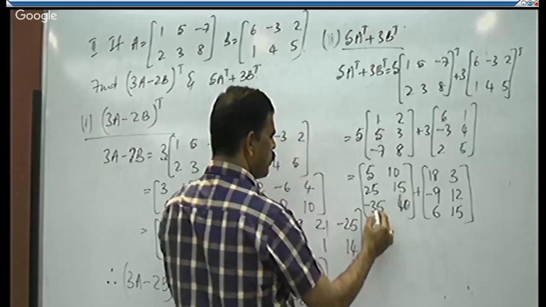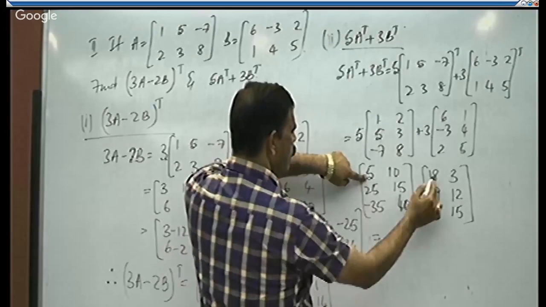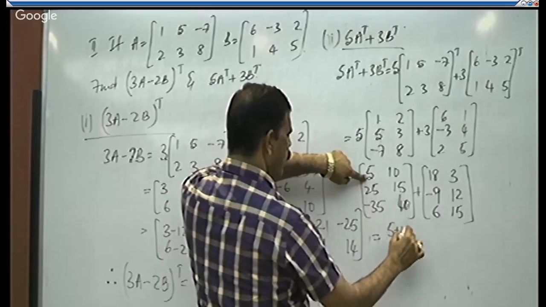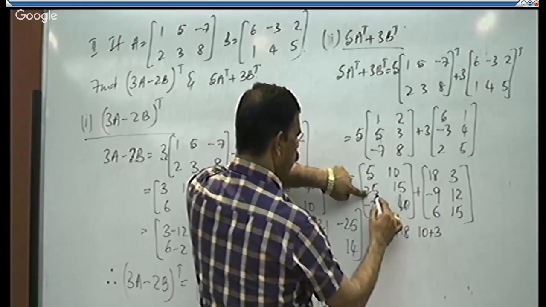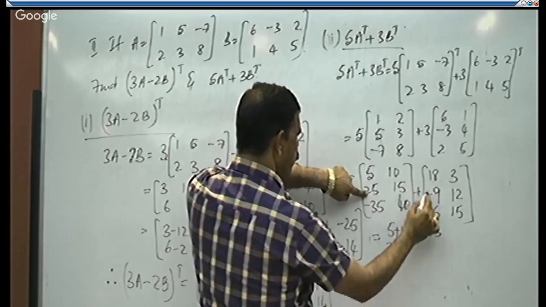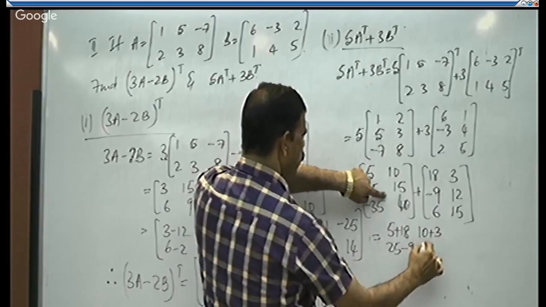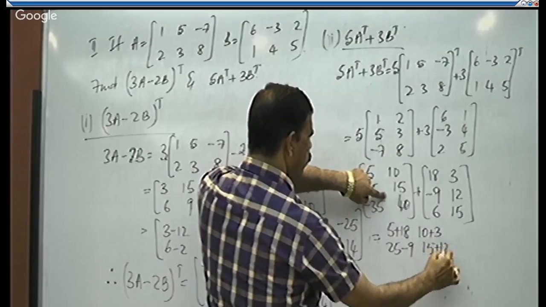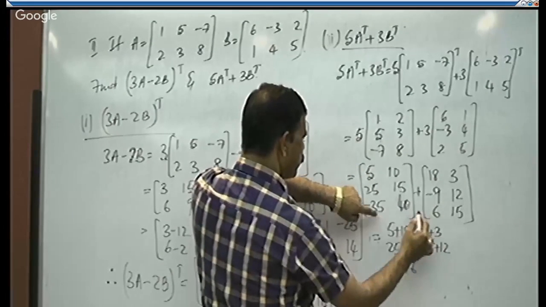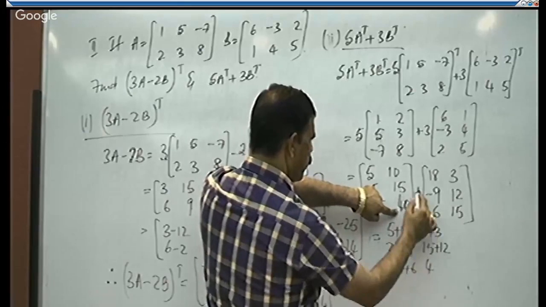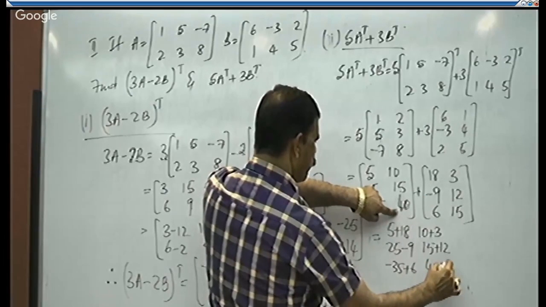Then go for addition. 5 plus 18. 10 plus 3. 25 plus into minus, minus 9. 15 plus 12. Minus 35 plus 6. 40 plus 15.